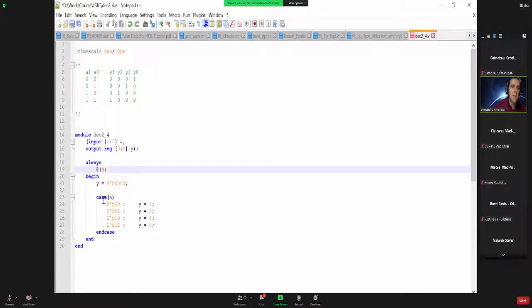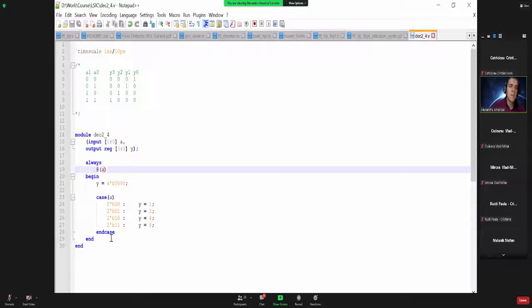So this is somehow similar to what happens in a combinational circuit, in the sense that you have the inputs. Here you see in the always block, in the sensitivity list are all the input signals for that specific combinational circuit described by that always block.